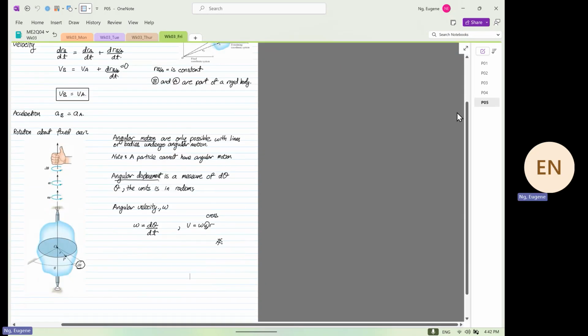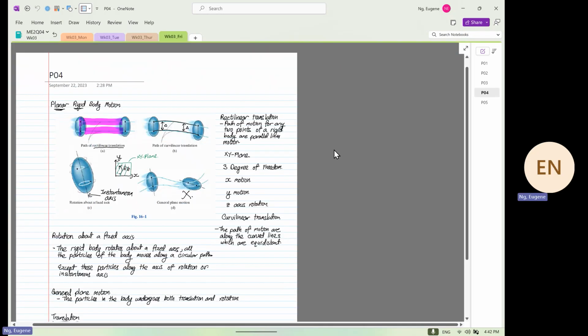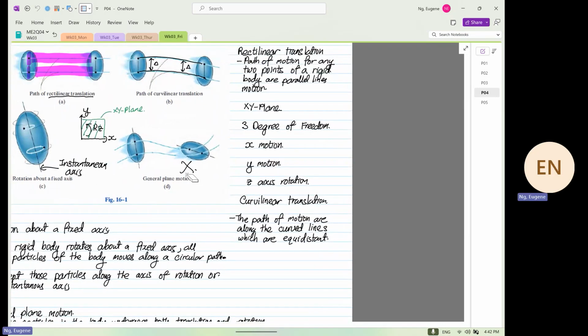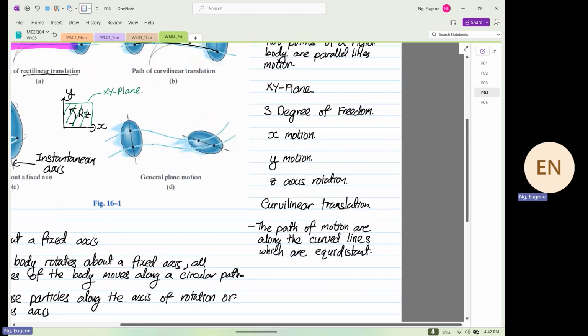Maybe it's a Friday, can't remember now. I put a cross down here. I'm sorry, I should not cross it out. That is what general plane motion is all about. I remember I put a cross there, then I said, no, it's good for them to learn. So we are going to go into general plane motion.